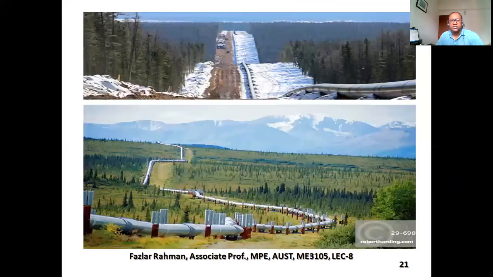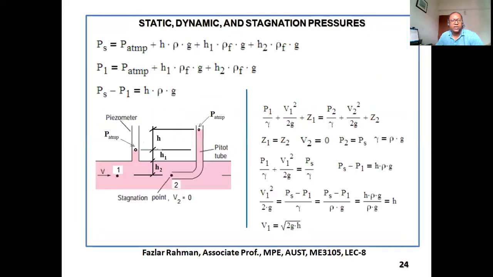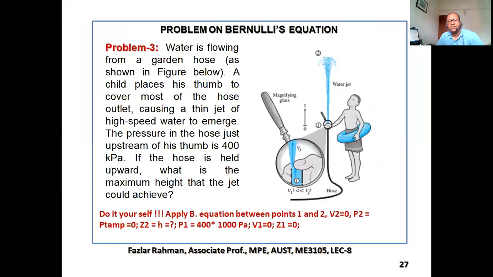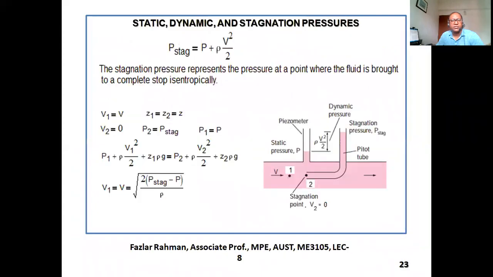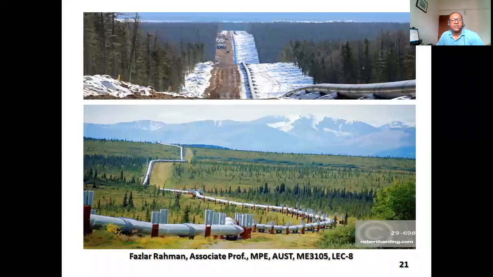In the exam, you will have a question to derive Bernoulli's equation, or I'll give you the equation and say derive this equation with all the assumptions. Now, what is the application?